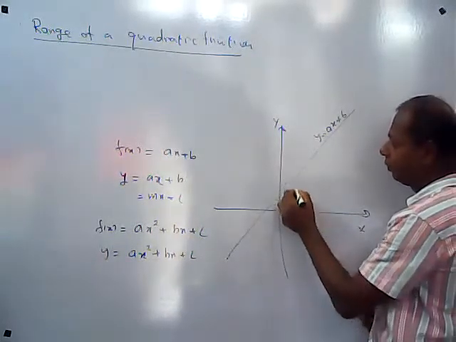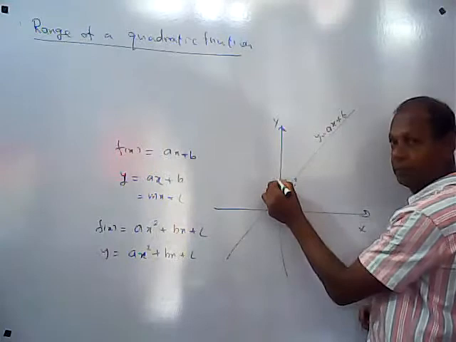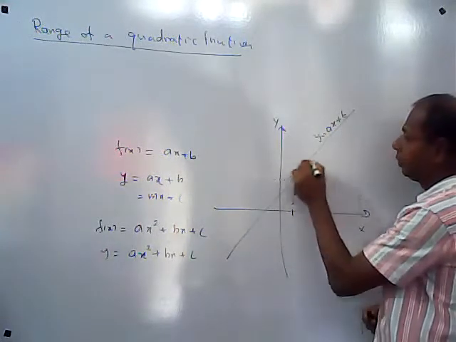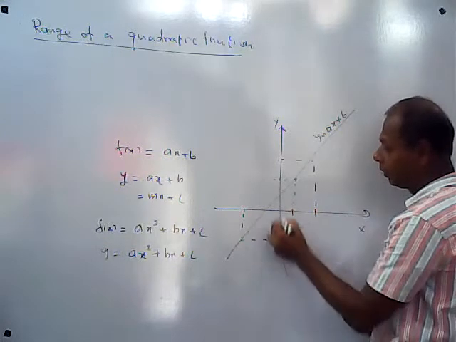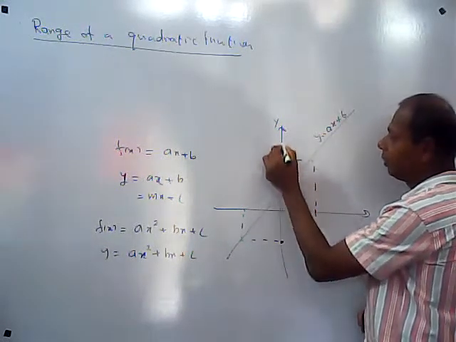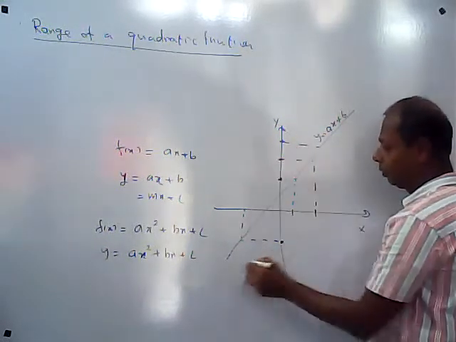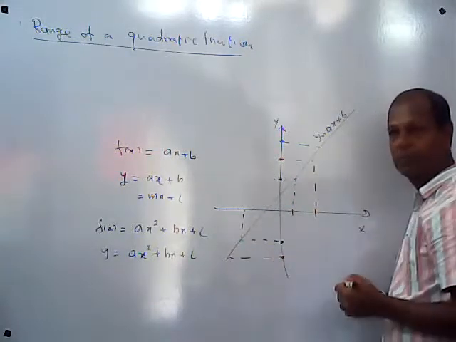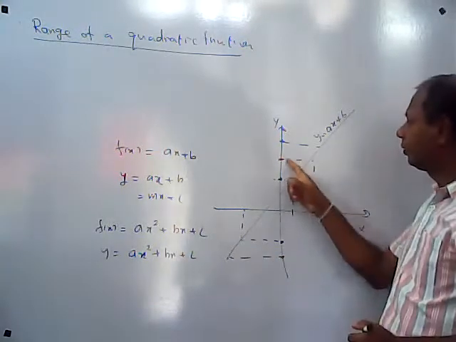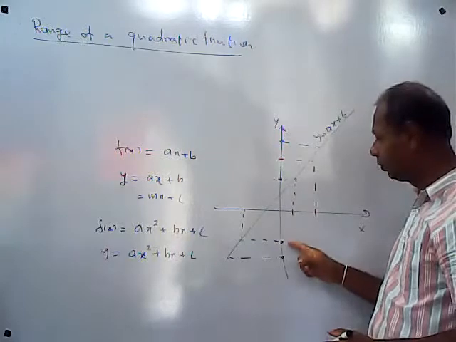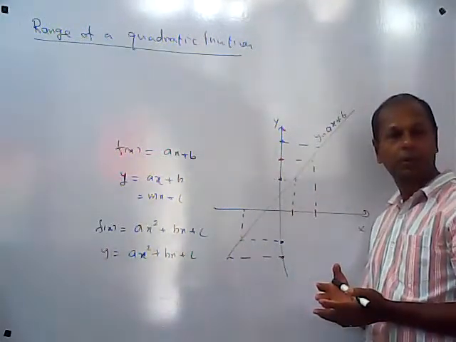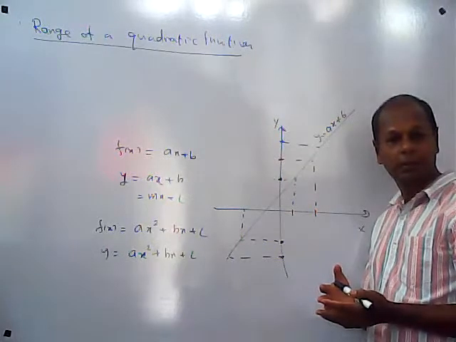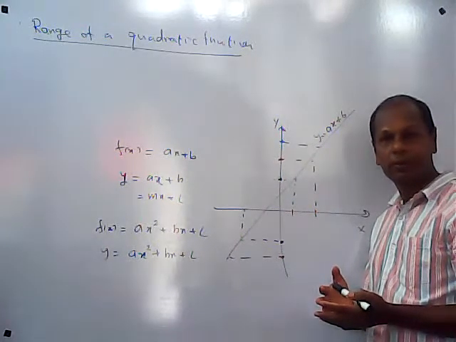For this value of x, you get this value of y. For this value of x, you get this value of y. When you collect all these y values, what is it going to produce? These are the values in the range. So collecting all of them, what do you get?